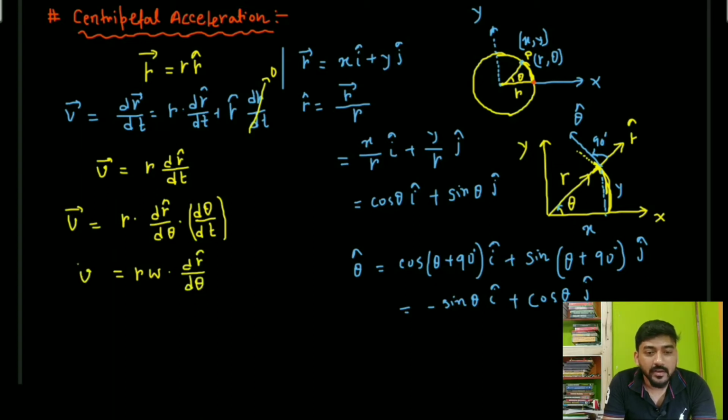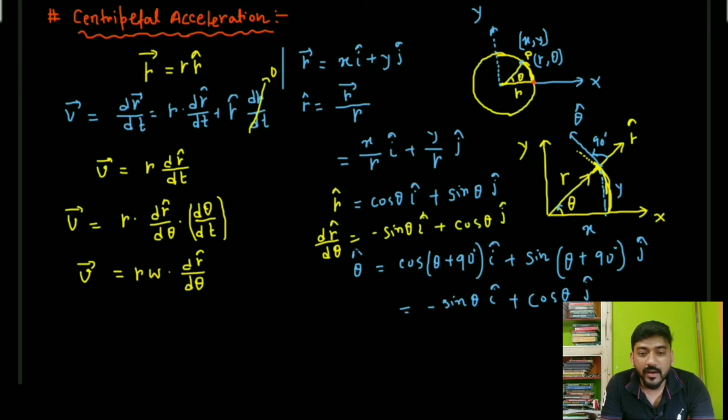Now you have to find dr cap upon d theta, so just differentiate this expression for r cap. The derivative of cos theta is minus sin theta, so it will be minus sin theta i cap, and the derivative of sin theta is cos theta, so it will be cos theta j cap.